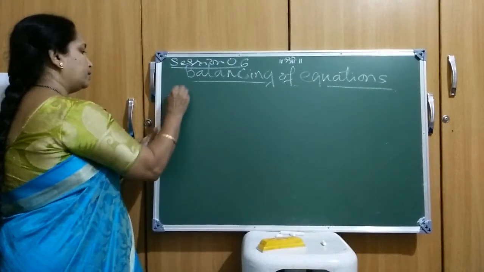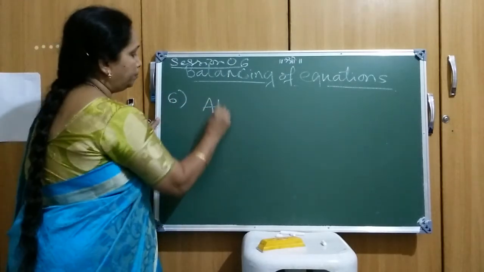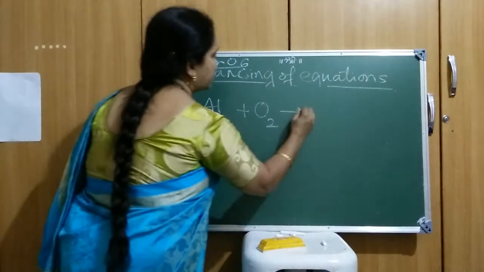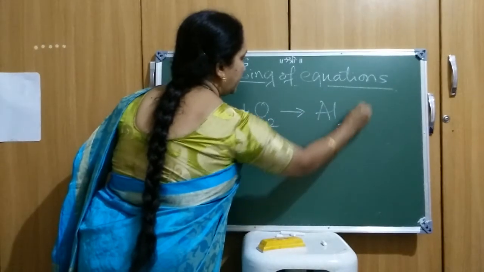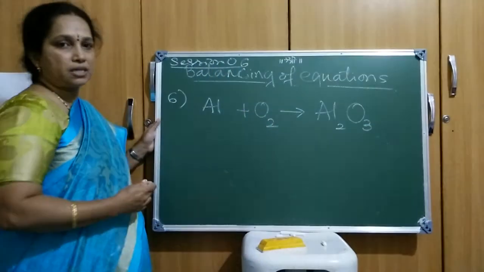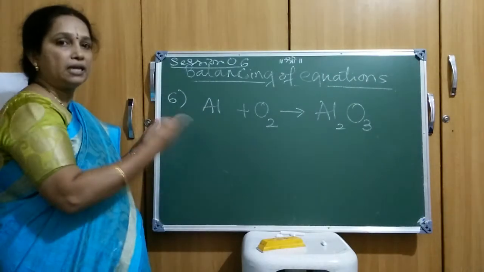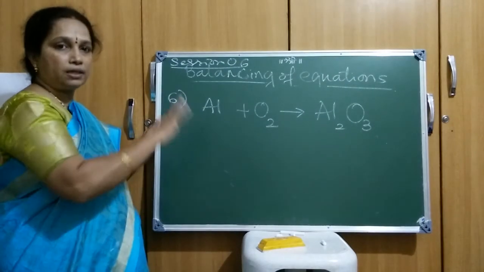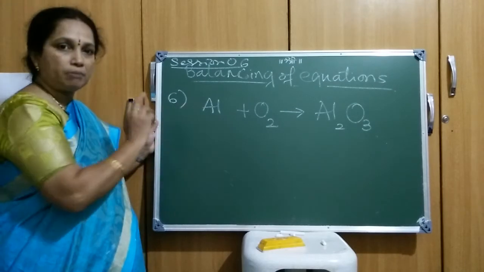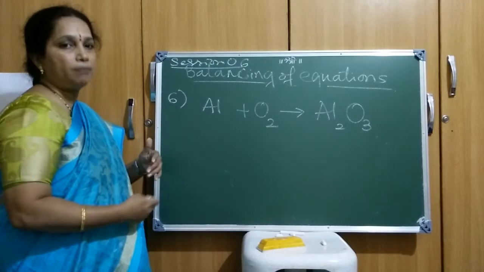Okay, the sixth one, that is aluminium reacting with oxygen. So it's going to form Al2O3. Now look here, as I'm writing the examples, you can pause the video and start balancing, and then you can try out whether the balancing we have done is correct or not, whether it matches, or else you can do other steps also where you can get the balanced equation.